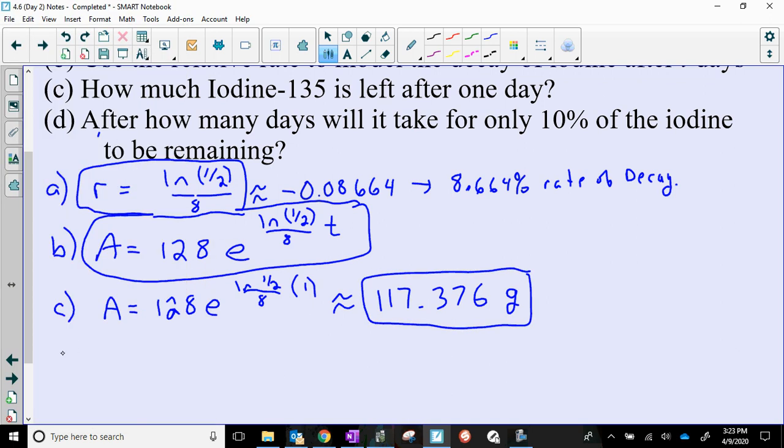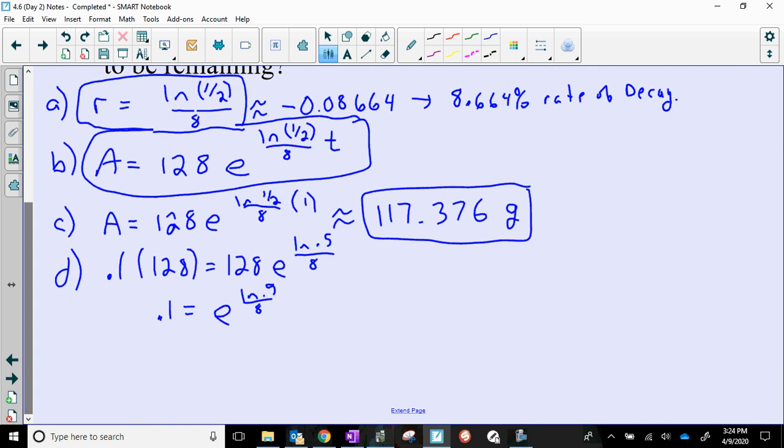All right, we got one more part to this problem. It says, how many days will it take for only 10% of the iodine to remain? So we could just do what we did before and put the 10% of 128 is 128 e to the natural log of 1/2. I'm just going to use a decimal this time, over 8. And I could divide by the 128. Then I can convert this to a log.